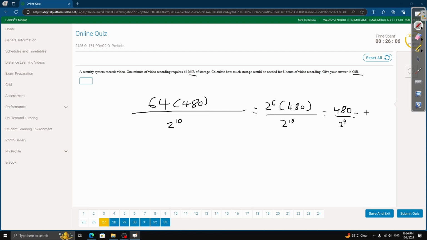After factorizing 480, you should get 2 to the power of 5 times 5 times 3 over 2 to the power of 4. Because of the identities of exponents, you can do 5 minus 4, and you get 2 times 5 times 3, which is 30 gigabytes. You can check this answer by plugging it into your calculator, and you do indeed get 30 gigabytes.